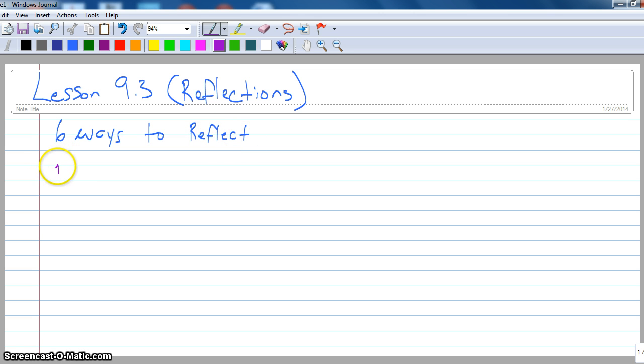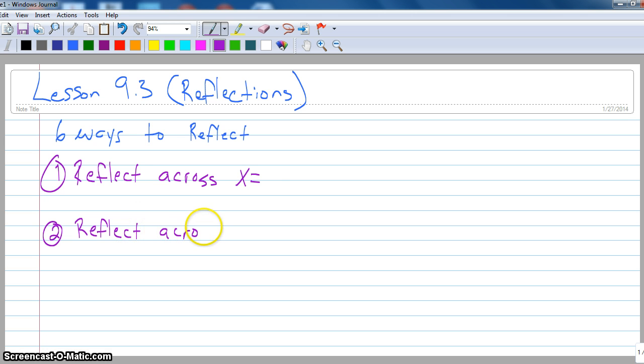Alright, the first way is going to be to reflect across x equals. The second way is to reflect across y equals.